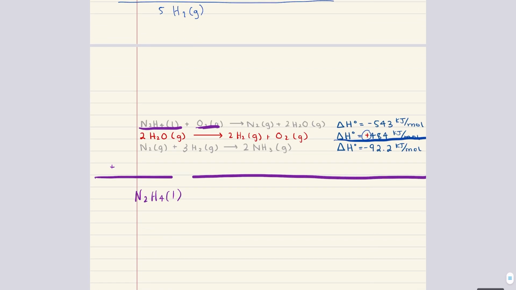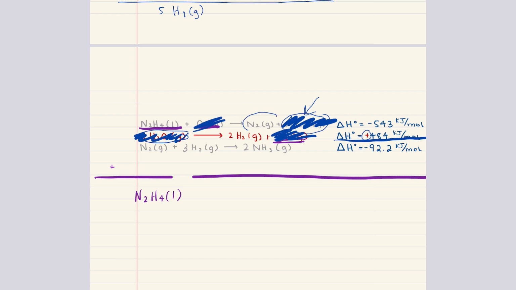So what do we do? Well, the thing to notice is that in the second reaction, it appears on the product side. So whenever you're summing up these reactions, whatever appears on both the reactant and product side ends up canceling out. And you'll see the same thing happen with these 2 moles of water. It appears as a product and as a reactant, so they cancel each other out.